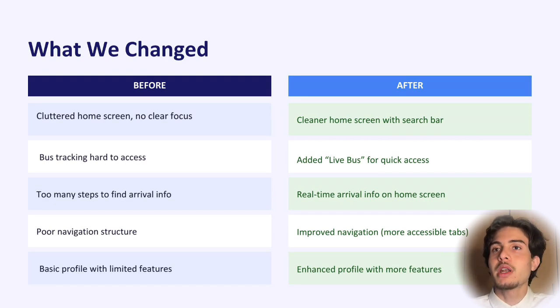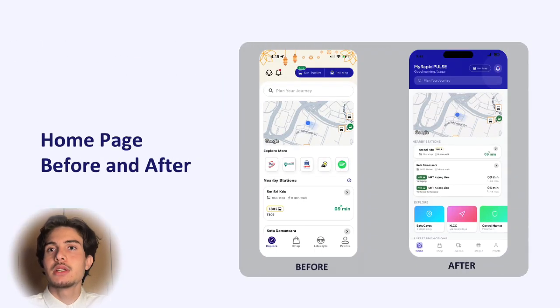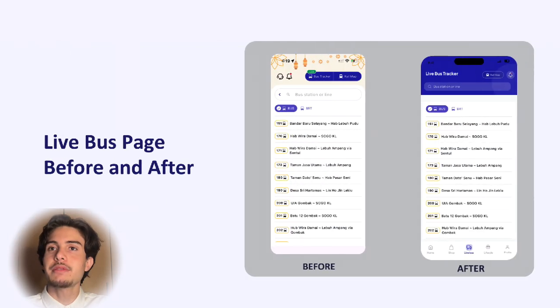Let's see the before and after design for the homepage. Before, the homepage screen was crowded and hard to use, now it's clean and easier to understand. Users can quickly search and see bus info. Live bus page before and after.